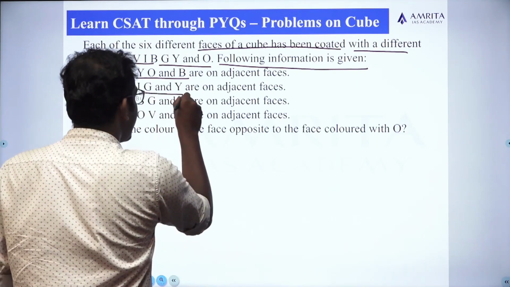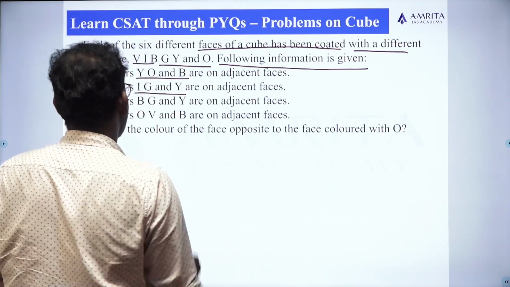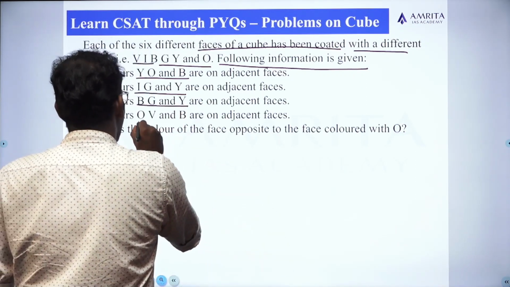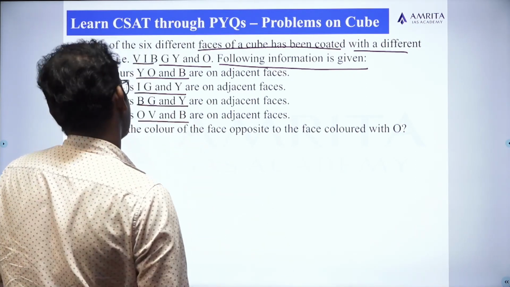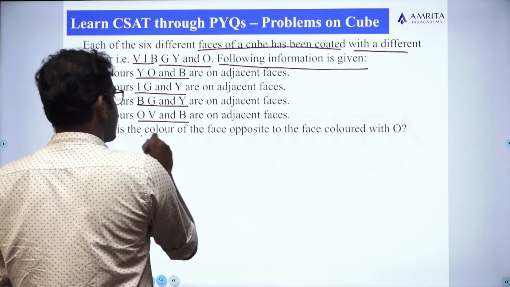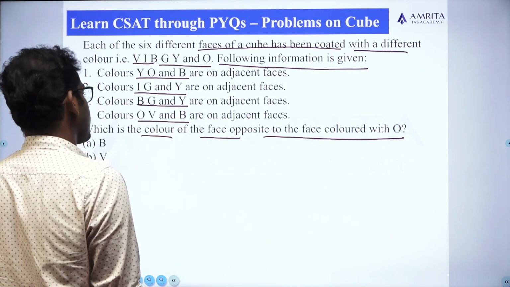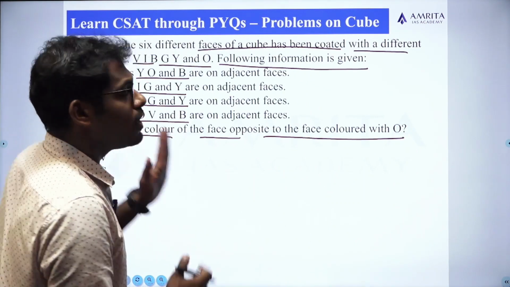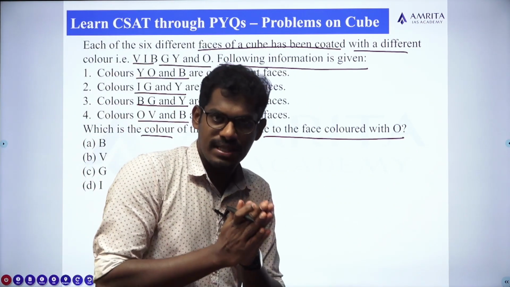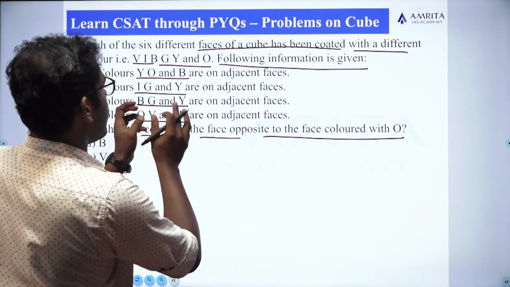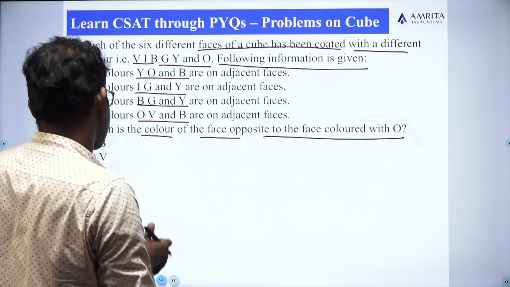Colors I, G and Y are on adjacent faces. Colors B, G, Y are on adjacent faces. Colors O, V, B are on adjacent faces. Which is the color of the face opposite to the face colored with the O? So this is the question and these are the 4 statements that are given. Clear? Okay. So first of all we have to understand the 4 statements that are given.